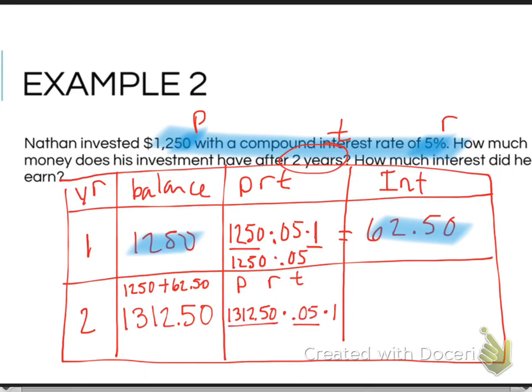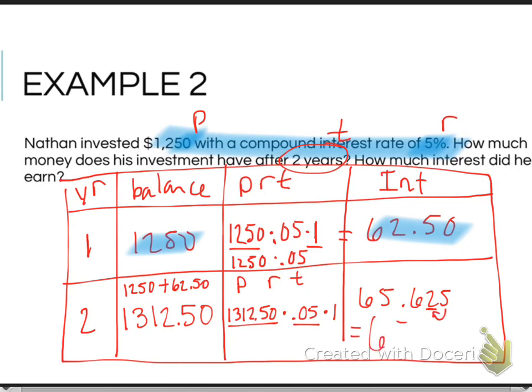So we're just multiplying $1,312.50 times 0.05 for the rate, and we get $65.62. Well, not 62, $65.625. Since it's money, the 5 tells us to round up the 2.